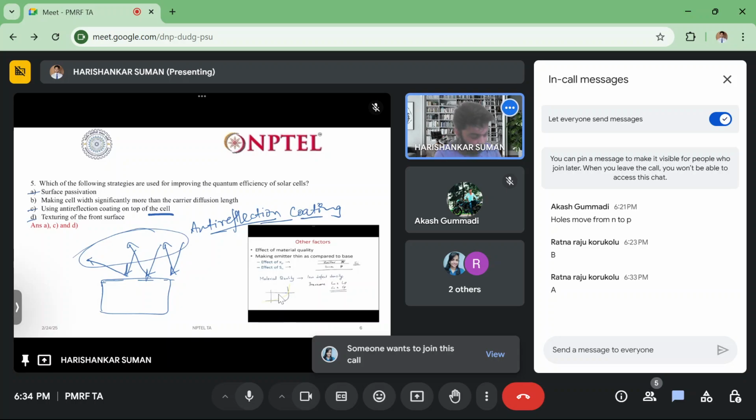Also surface passivation improves the surface quality at the top, and reduces the loss of incident light.